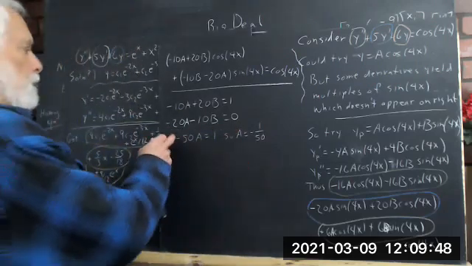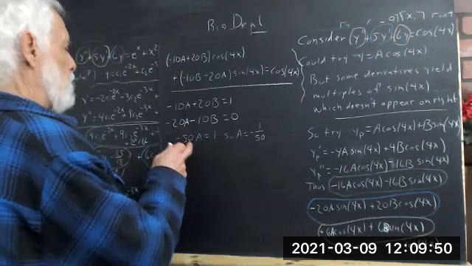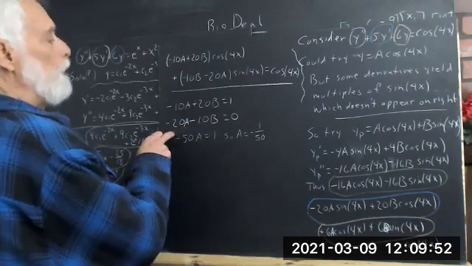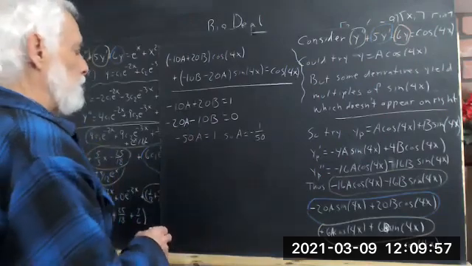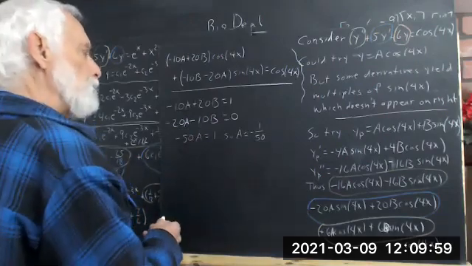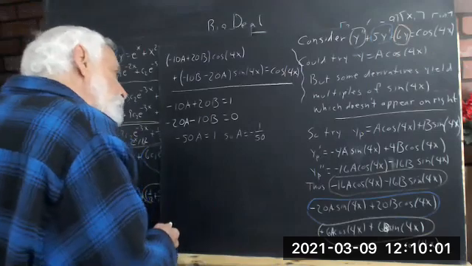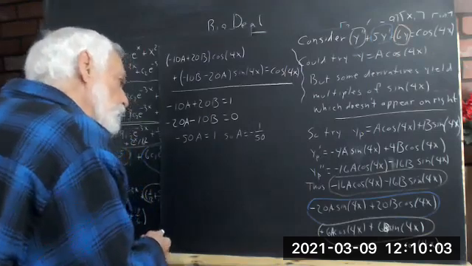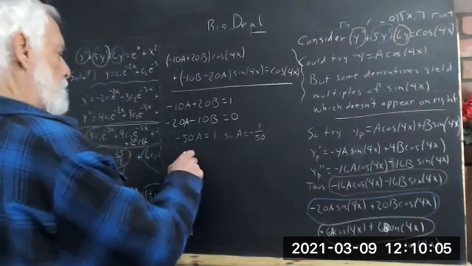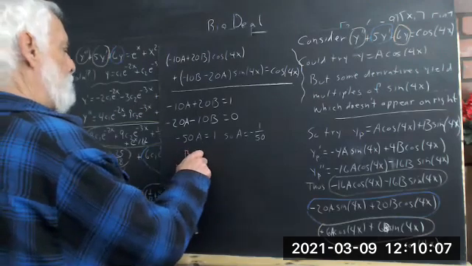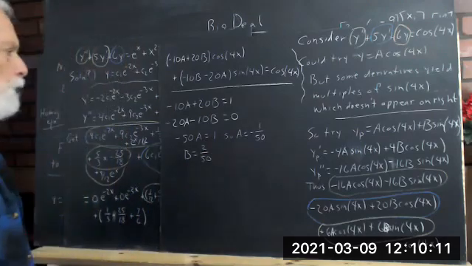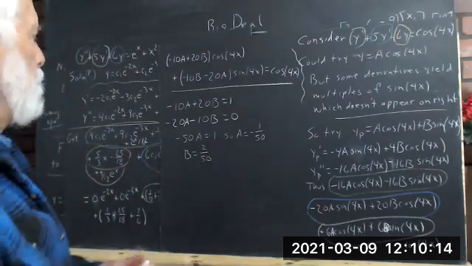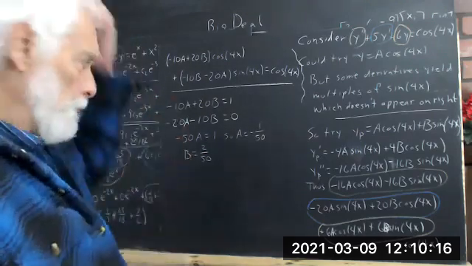Negative 10b is 2/5, so 10b is negative 2/5, and I get b equals 2/50.